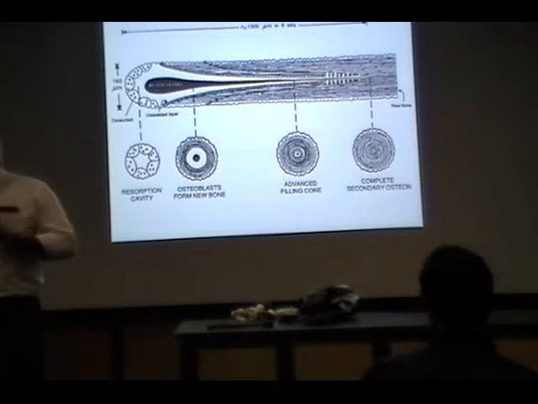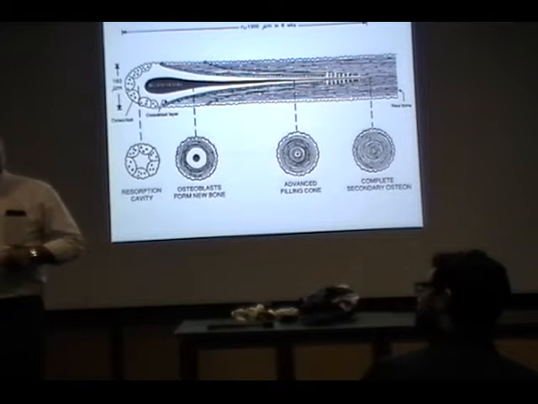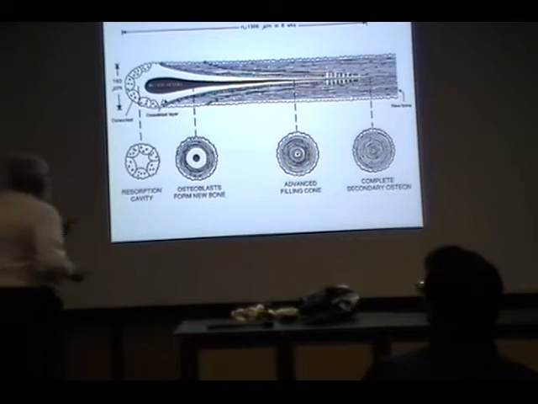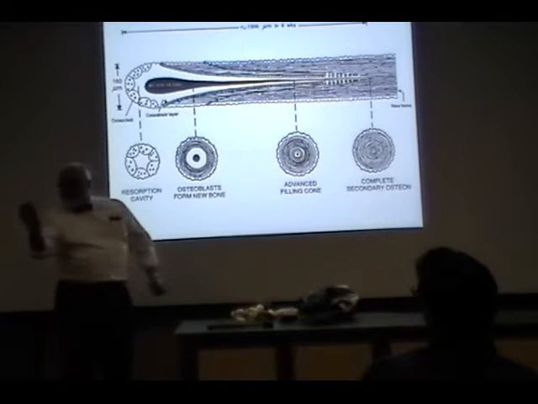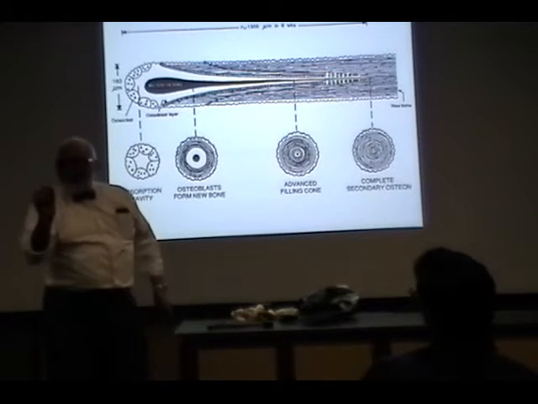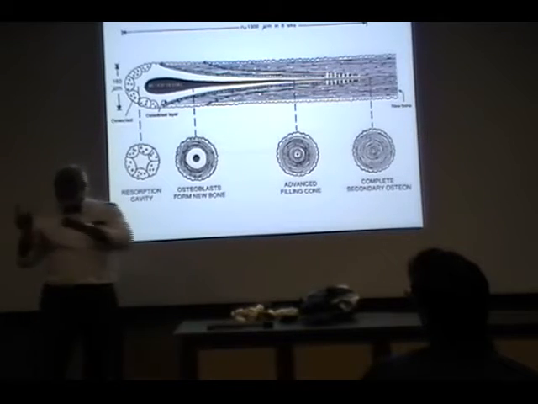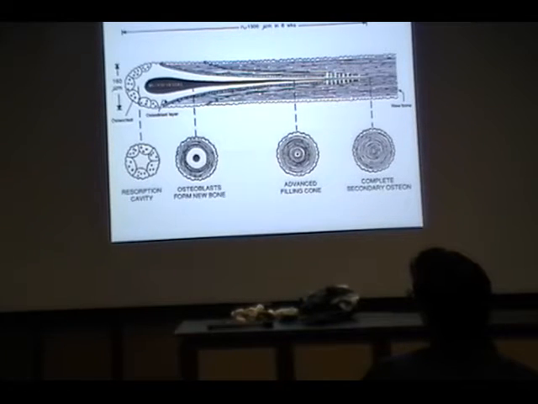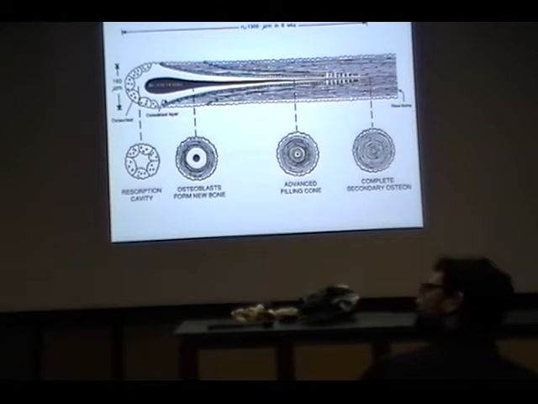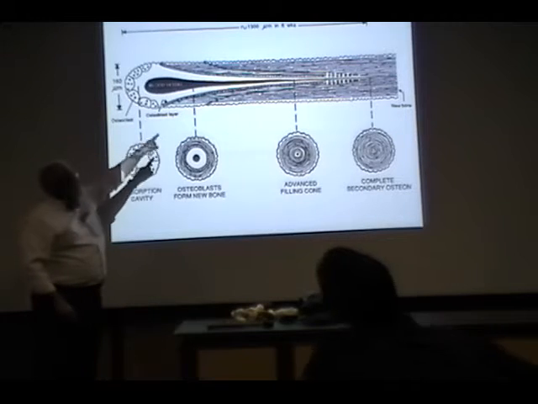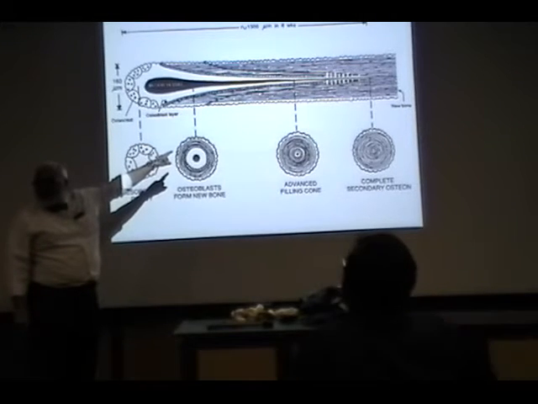Now, the way it osseointegrates, now you know. It osseointegrates because we kill just a little bit of the bone around the implant when we drill in there, and that signals these cutting and filling cones to come into that implant area, and they go around the implant, and as they go around, they connect on one side the titanium and on the other side the living bone.